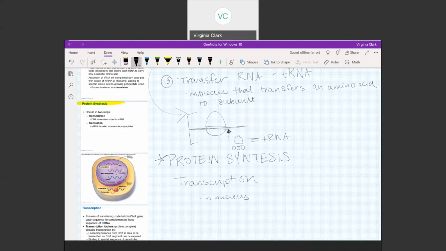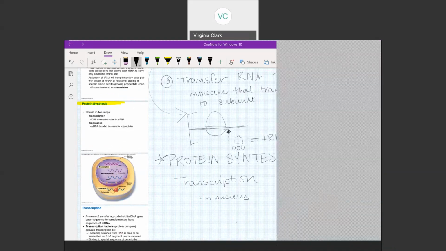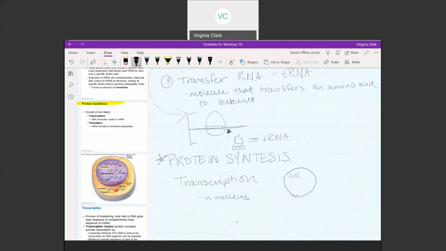So here's my nucleus. Inside my nucleus for transcription, I will have my DNA converted into mRNA. To do this, at the first part, I'm going to do my DNA bases, and then this step will go from DNA bases to my RNA bases.